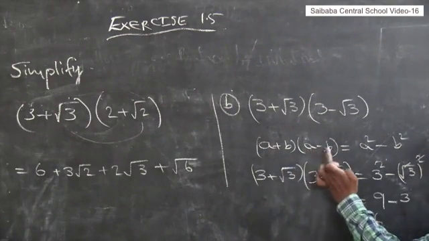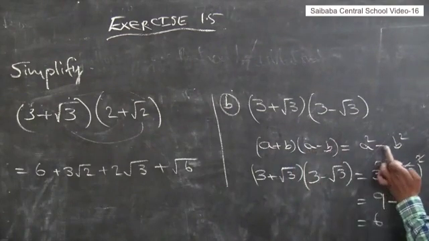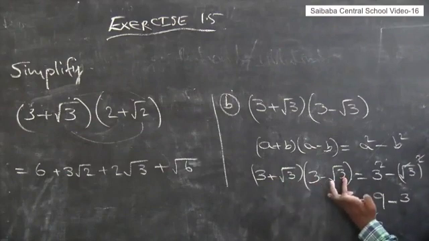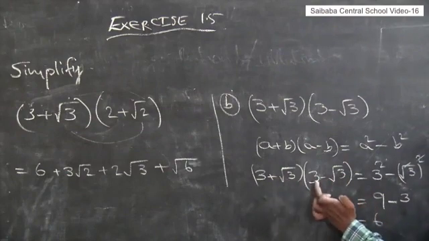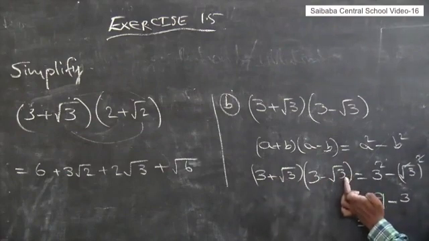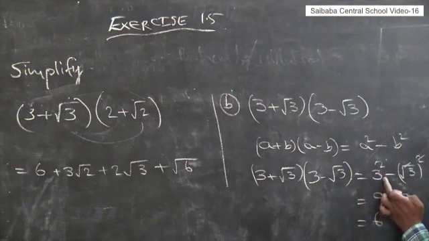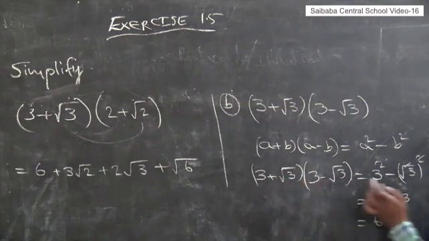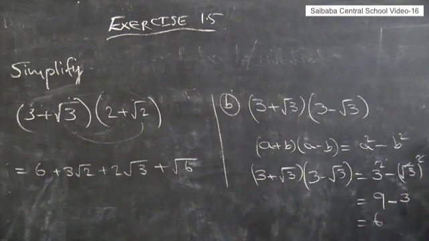A plus B into A minus B, you know the formula, A square minus B square. The question is 3 plus root 3 into 3 minus root 3. It looks like A plus B into A minus B, so we can use the formula. A means 3 only, no? A square minus B square, B means root 3. Root 3 whole square, the square and root cancel, 3 left. 9 minus 3 is 6. Very simple question.